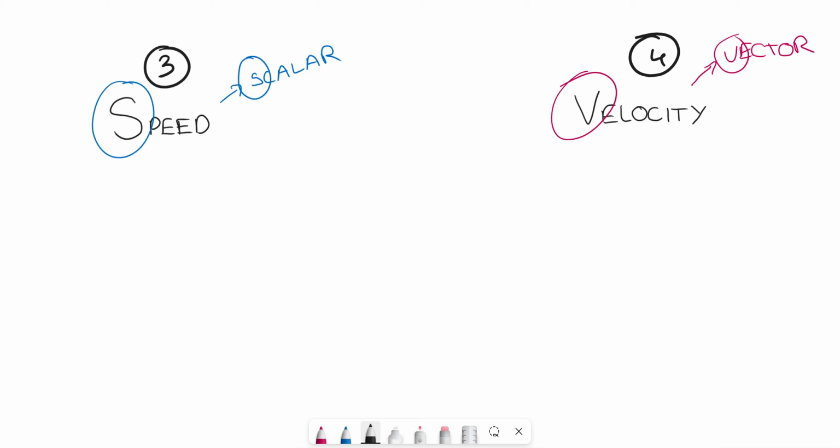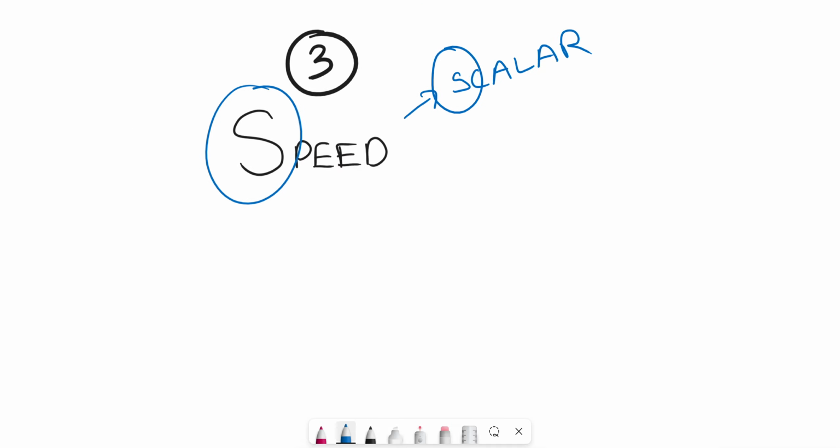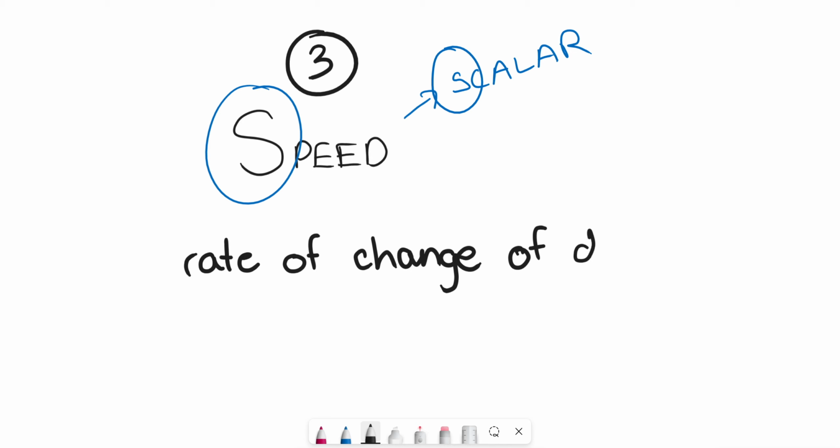What are speed and velocity? Speed is specifically the rate of change of distance. So I'll write it out for you. It's the rate of change of distance. Now, I'm just going to quickly condense this.